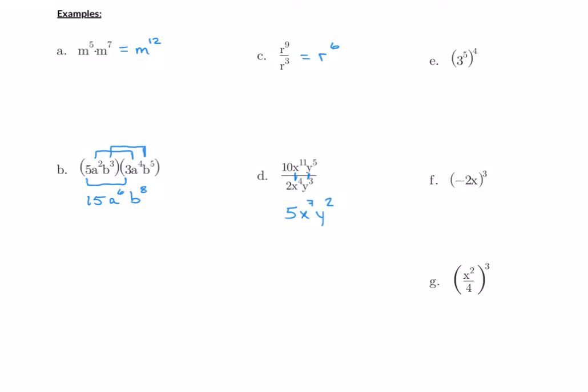Okay, let's go ahead and play around with our power rule now. Remember, when we raise exponents to other exponents, we multiply. So for instance, this one here, we're going to get 3, and 5 times 4 is 20.